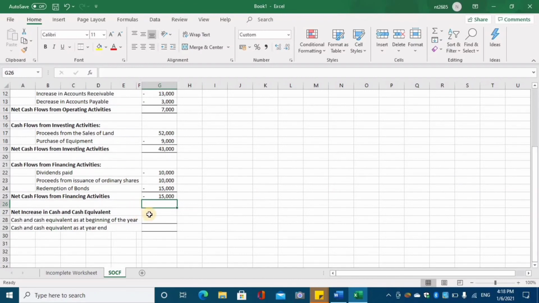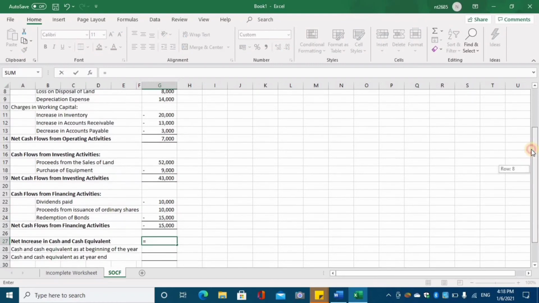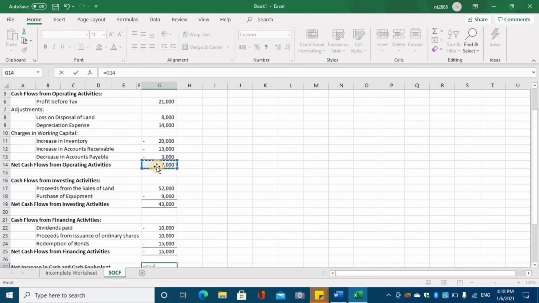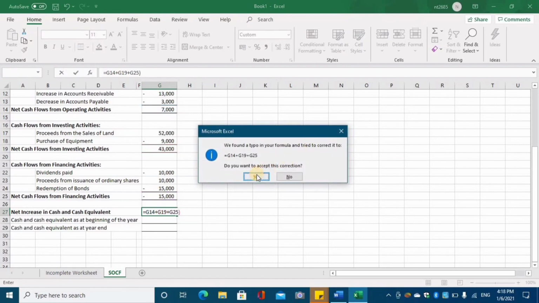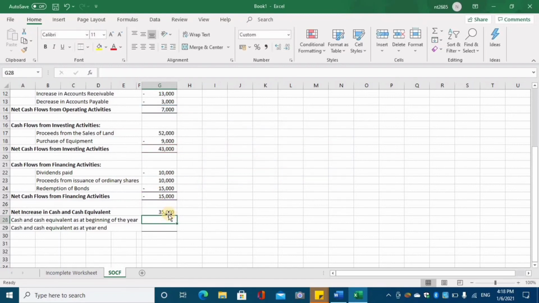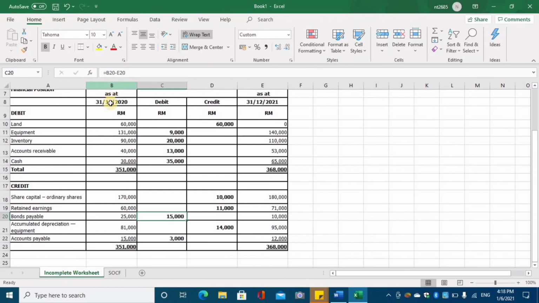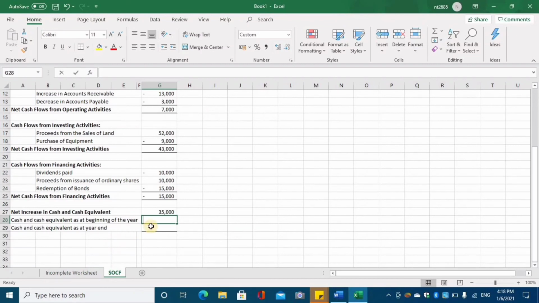Net increase in cash and cash equivalent, we get from net cash flow from operating activity 7,000 plus net cash flow from investing activity 43,000 plus net cash flow from financing activity minus 15,000, we will get 35,000. So cash and cash equivalent at the beginning of the year, we got from the incomplete worksheet 31st December 2020, here 30,000.